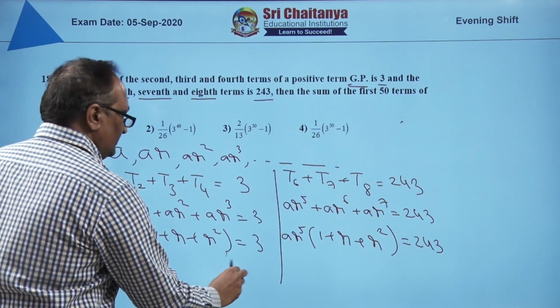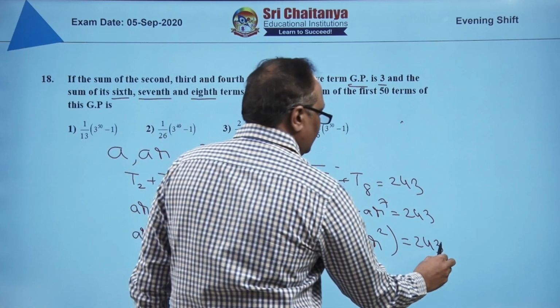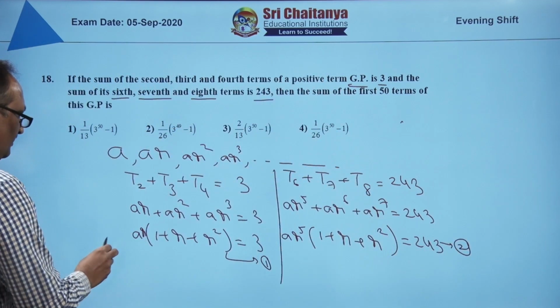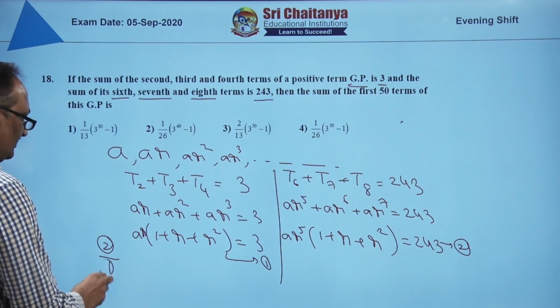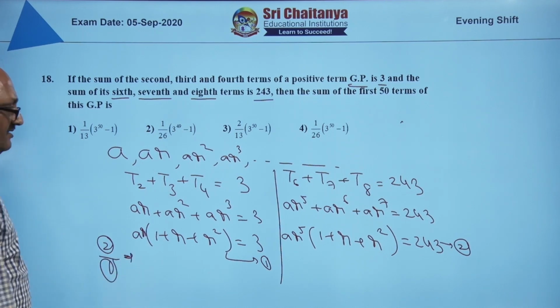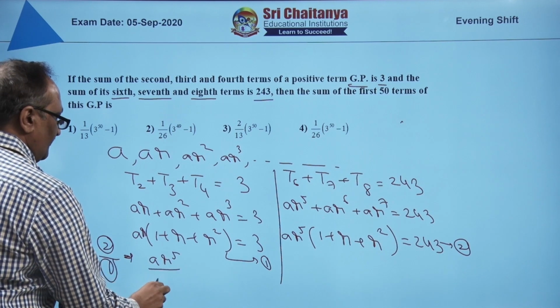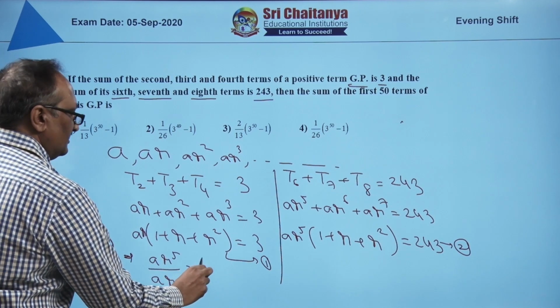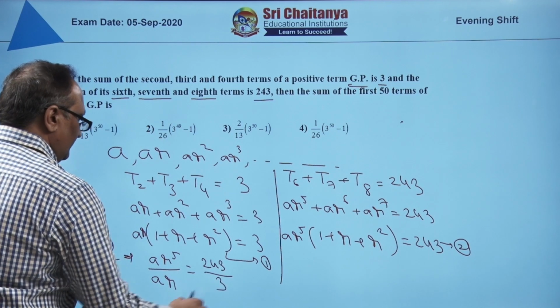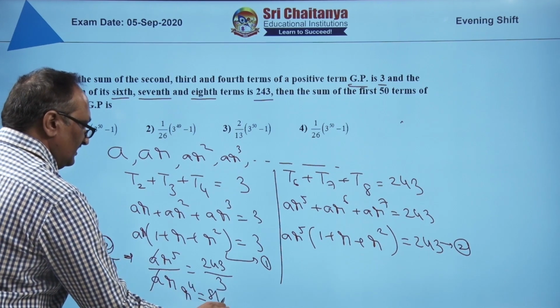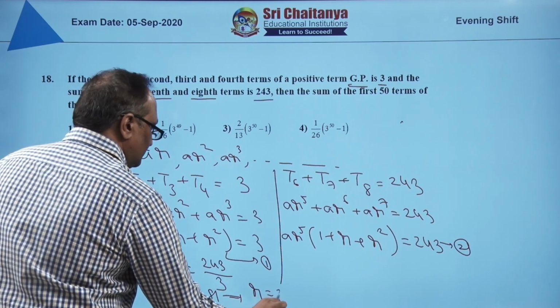Let this be the first equation and this the second equation. By dividing the second equation by the first equation, these two values get cancelled, ar to the power 5 by ar is nothing but 243 by 3, so r power 4 is 81, and r value is 3.